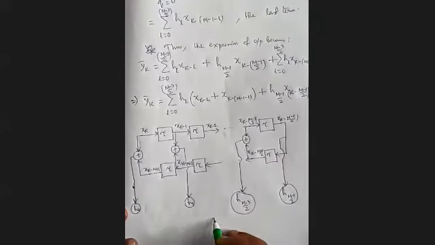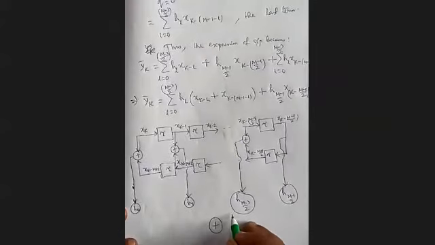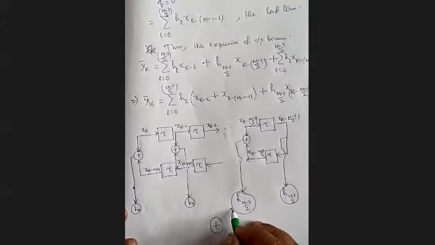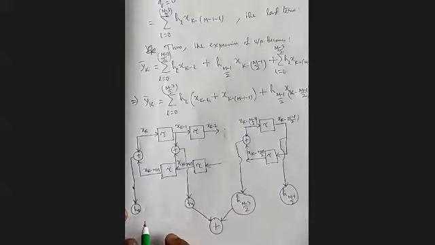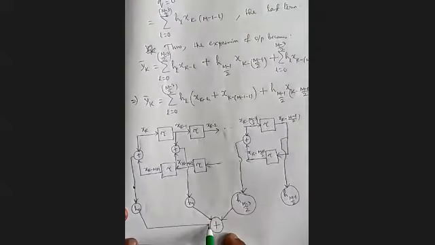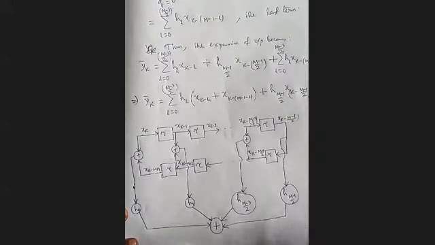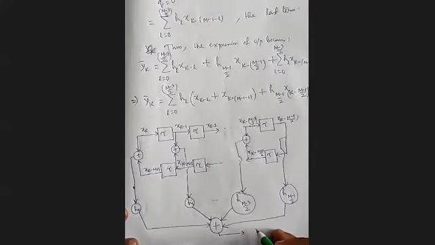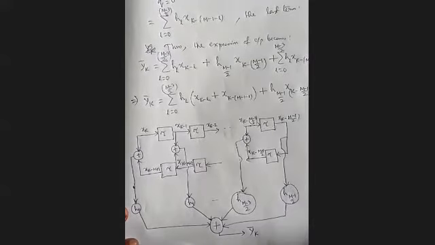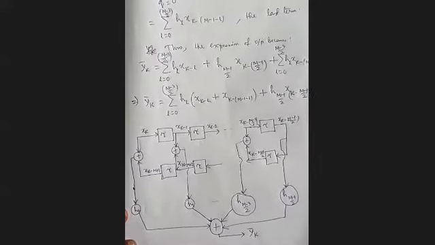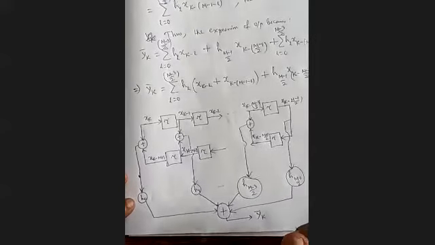After multiplication, these are all added, and the result is our y k bar. So this is the tap delay structure of FIR.